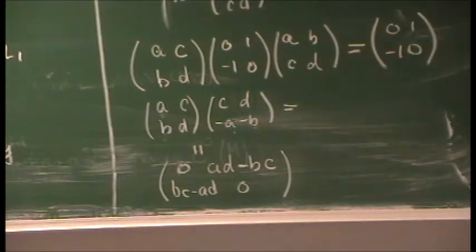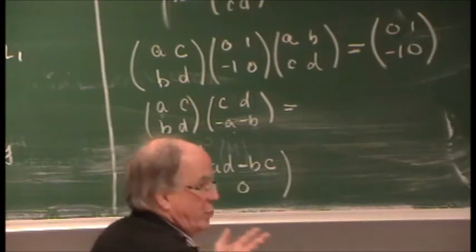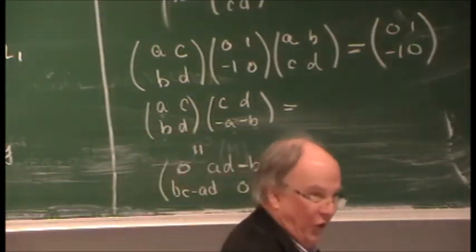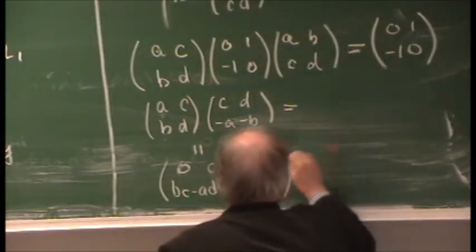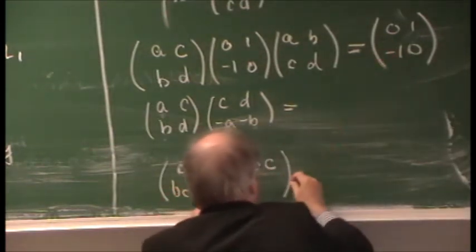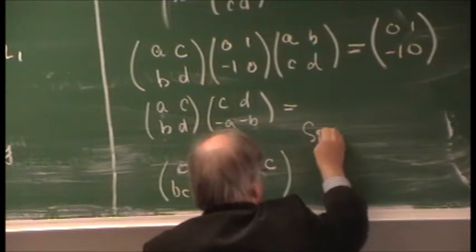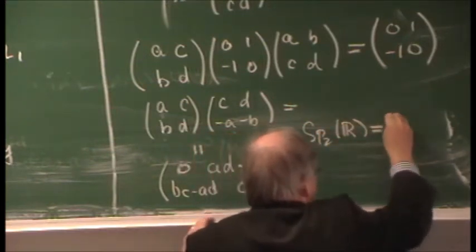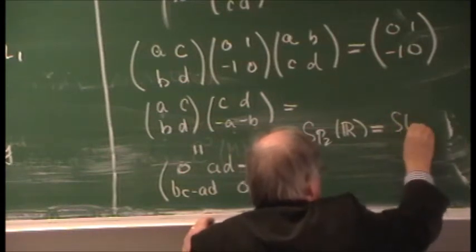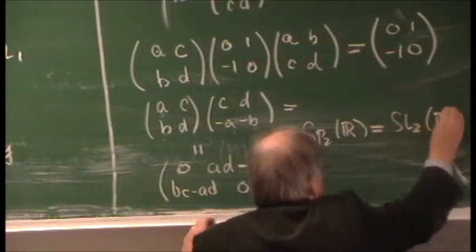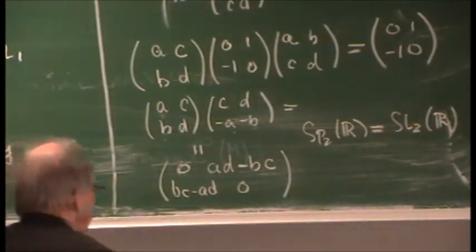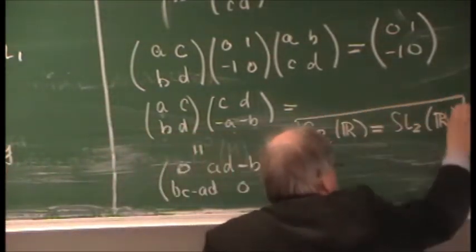So if you multiply this out, you see immediately that in the 2 by 2 case, symplectic is really dumb. It's determinant 1. So this says the symplectic group SP2R is equal to SL2R. Now that's very, very rare, but I just wanted to emphasize this little point.